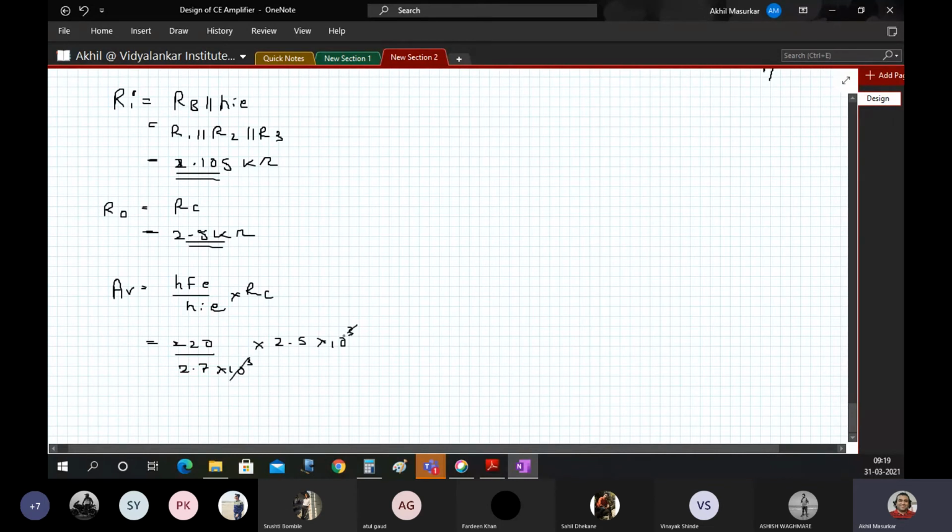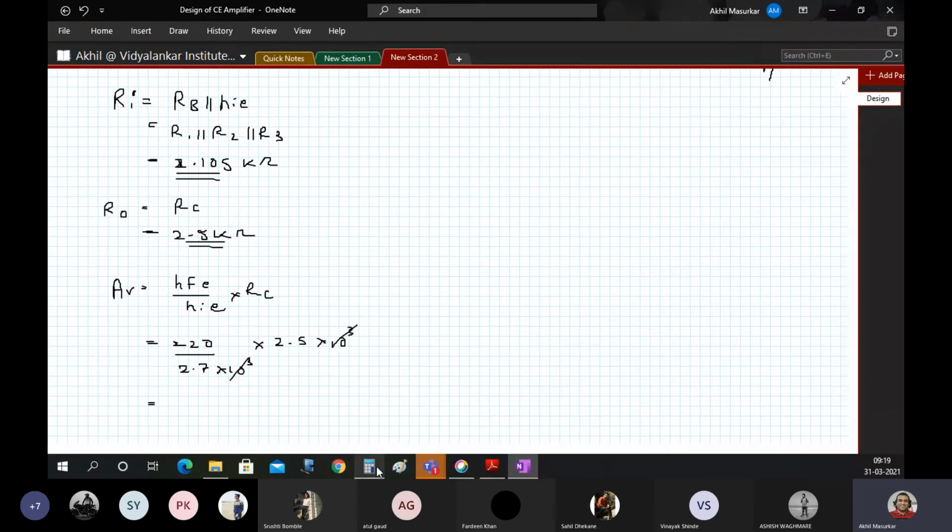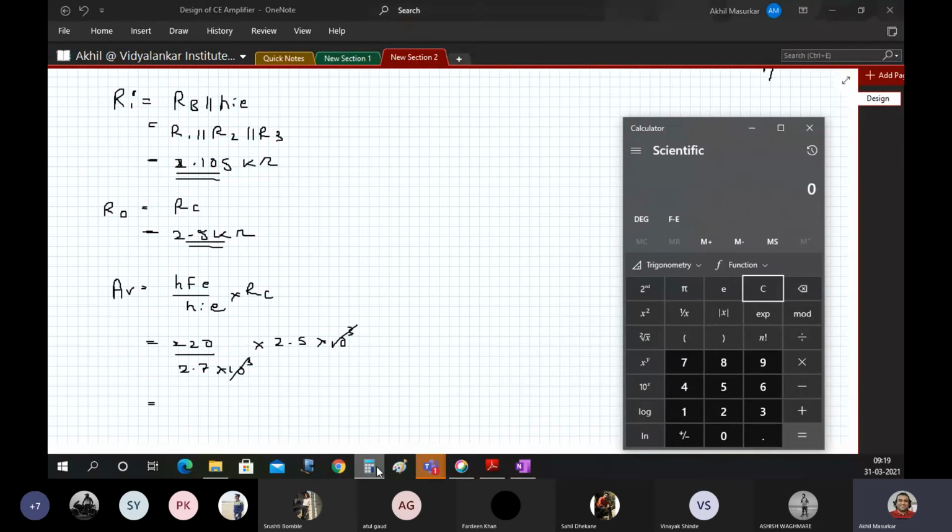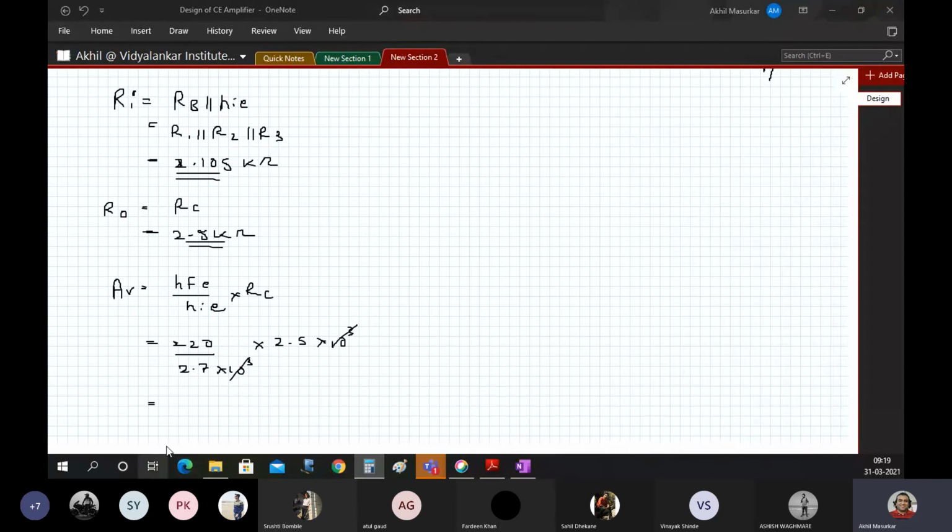So this 10 raised to 3, 10 raised to 3 cancels out. And what we are going to get here is 220 into 2.5 divided by 2.7, that is 203.7.